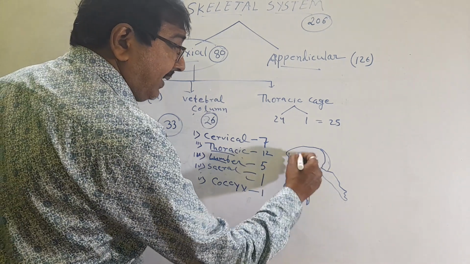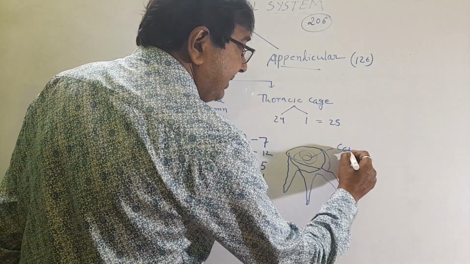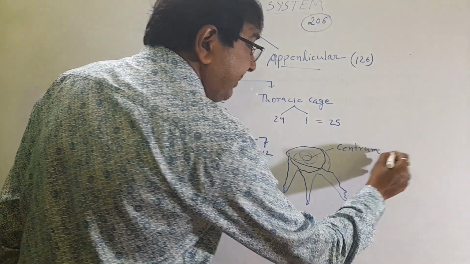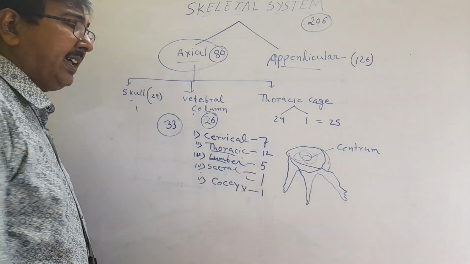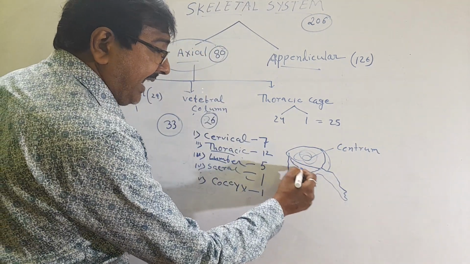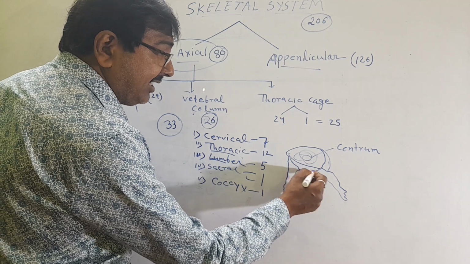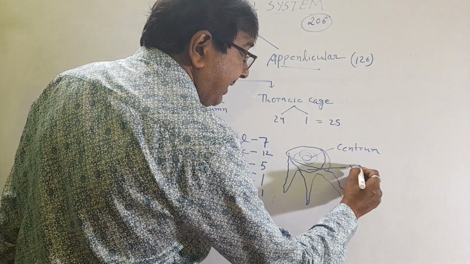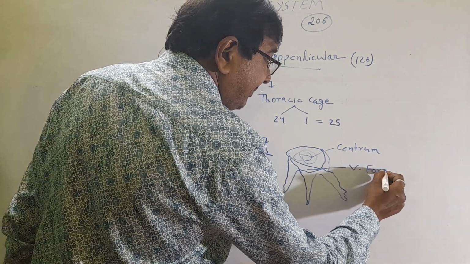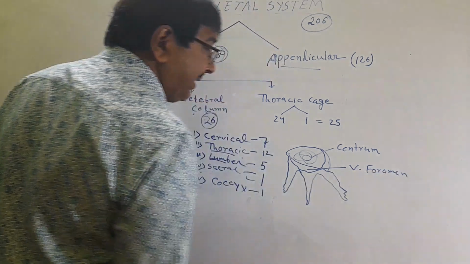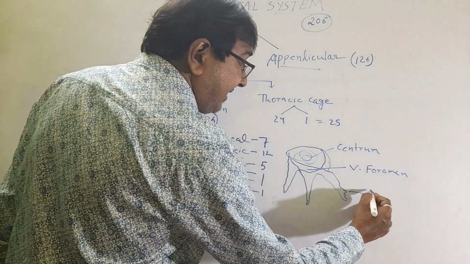This solid part is called the centrum. And this pore, which forms a canal, this orifice is called the vertebral foramen. And this is the transverse process.